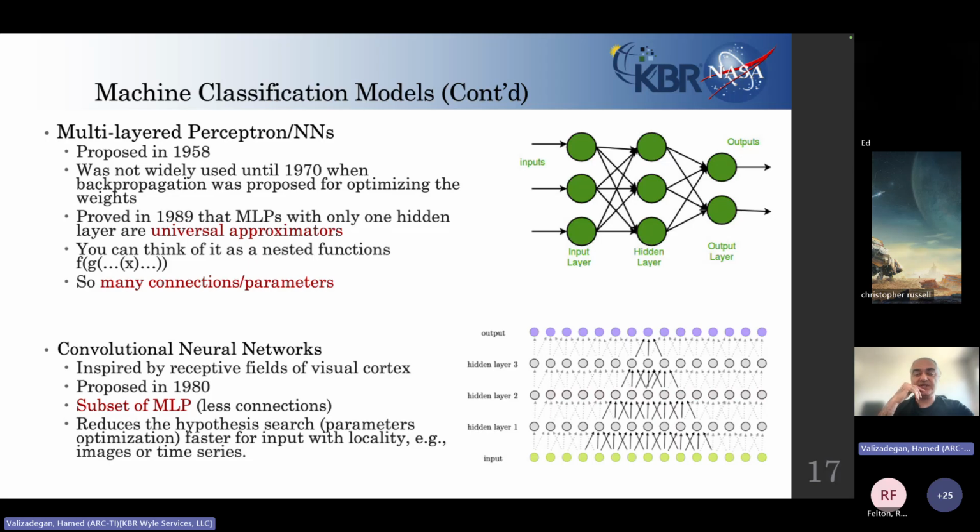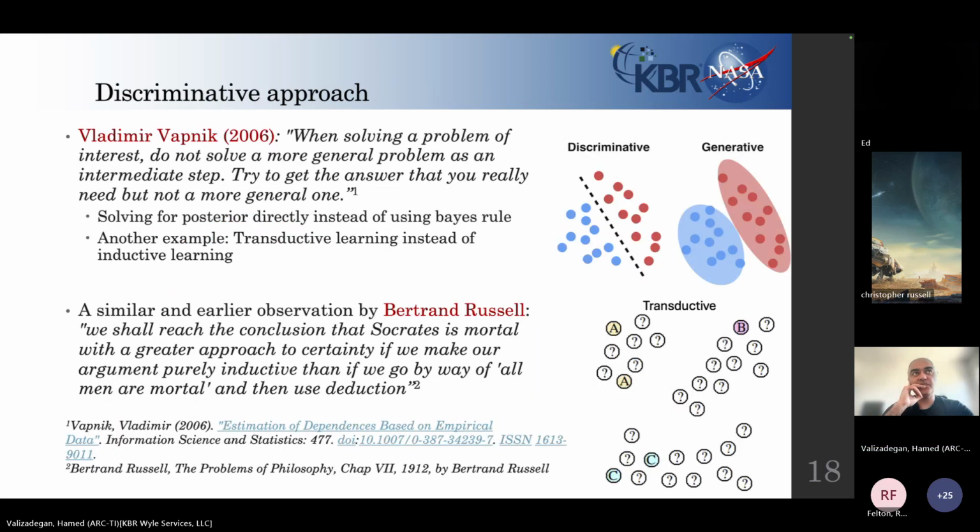The advantage is that you have fewer connections now. Instead of connecting every neuron to the next layer, you just connect a local or receptive field to the next layer. So you save a lot of computation and make optimizing such a network very fast.